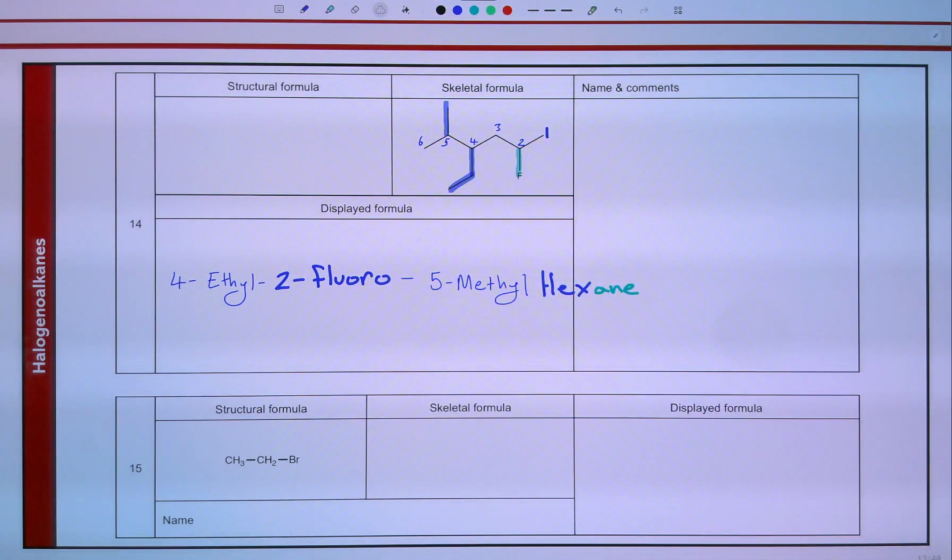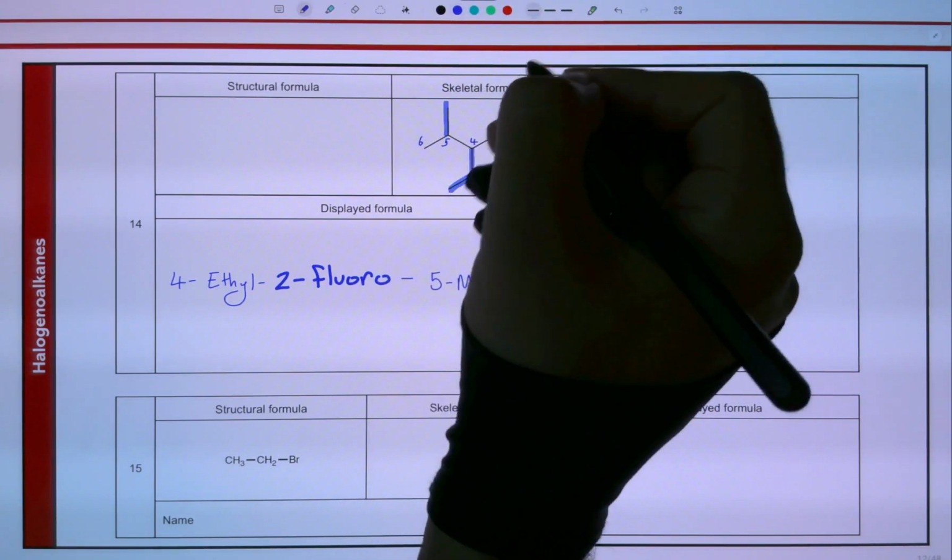The structural formula would be the following.